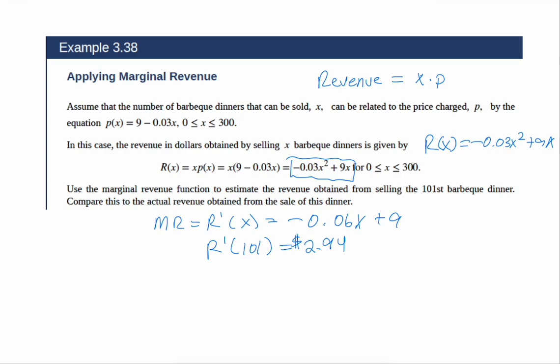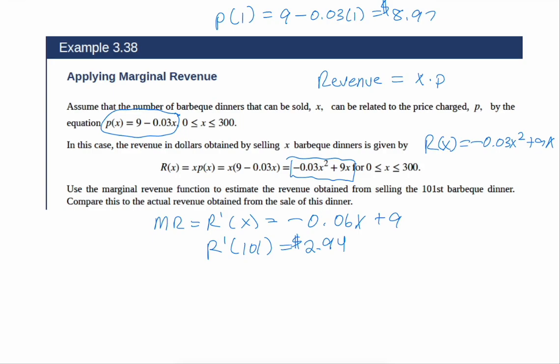So what does that mean? Well, if we sell 1 barbecue dinner, let's go back up to here. If I did it right, it's just $8.97. Okay, that's the price for one of them.